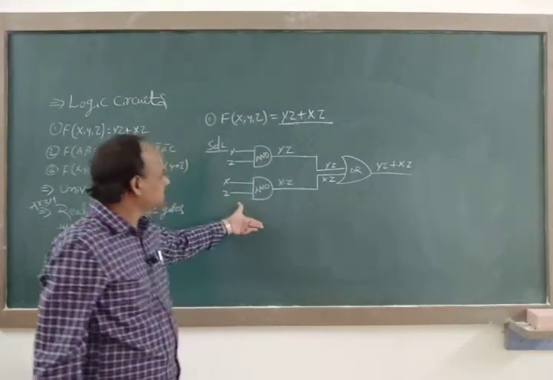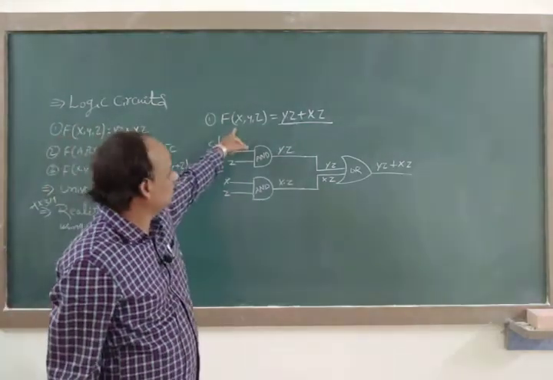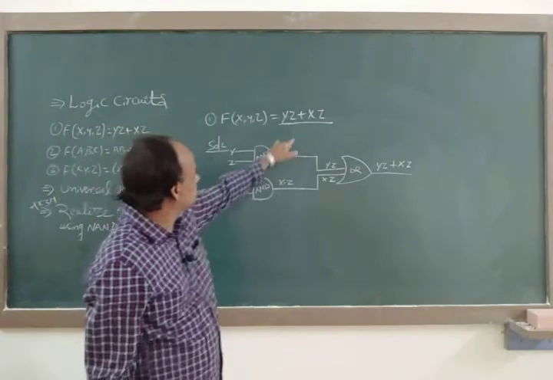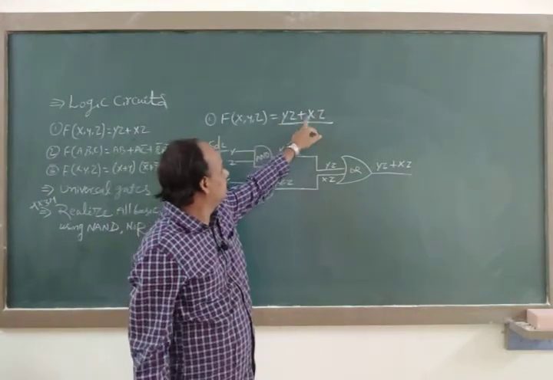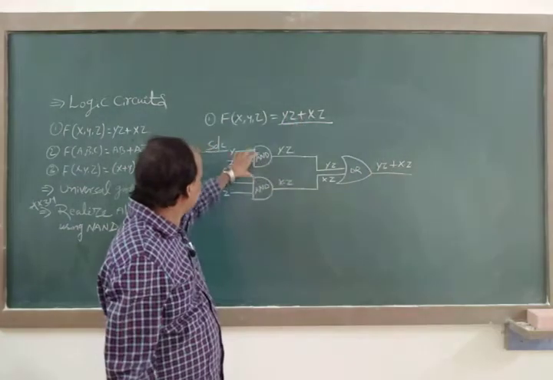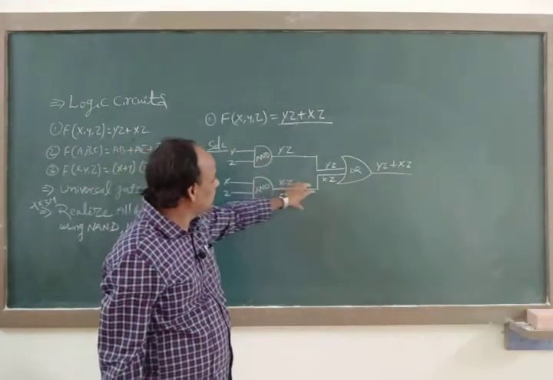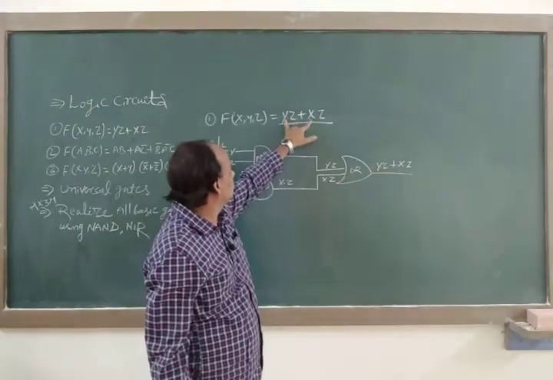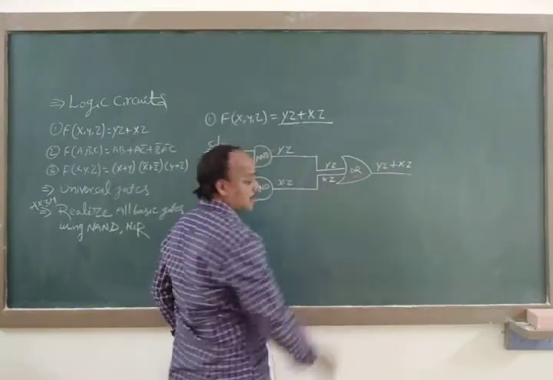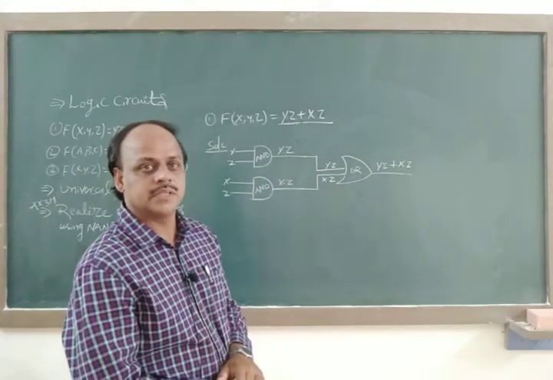So this is how to draw the logic diagram or logic circuit for the given Boolean function, right? Simple. Observe the terms. Here two terms are there, between two terms plus is there. Therefore after taking the individual two terms using AND gates, we are going to take an OR gate, because between two terms plus is there, plus means OR gate. That's why we consider here the OR gate to produce the result as y into z plus x into z.